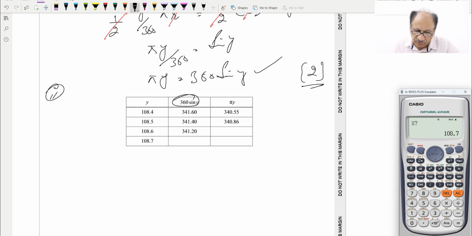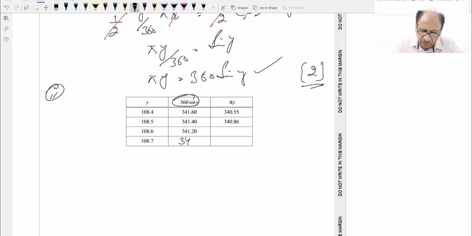So calculate for x is equal to 108.7, and up to 2 dp, this will be 340.9957. So 341.00 will be over here.